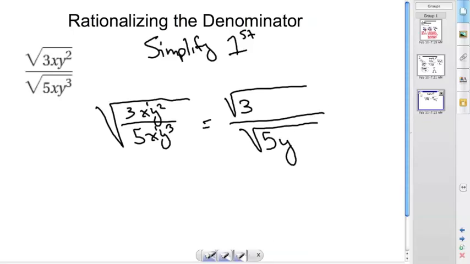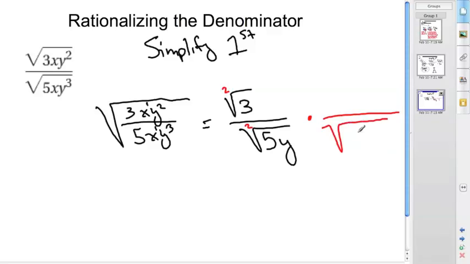Let's get rid of this radical in the denominator. So what am I going to multiply by? You should know that, since nothing is in the index, it's 2. So I'm multiplying by the square root of 5y.